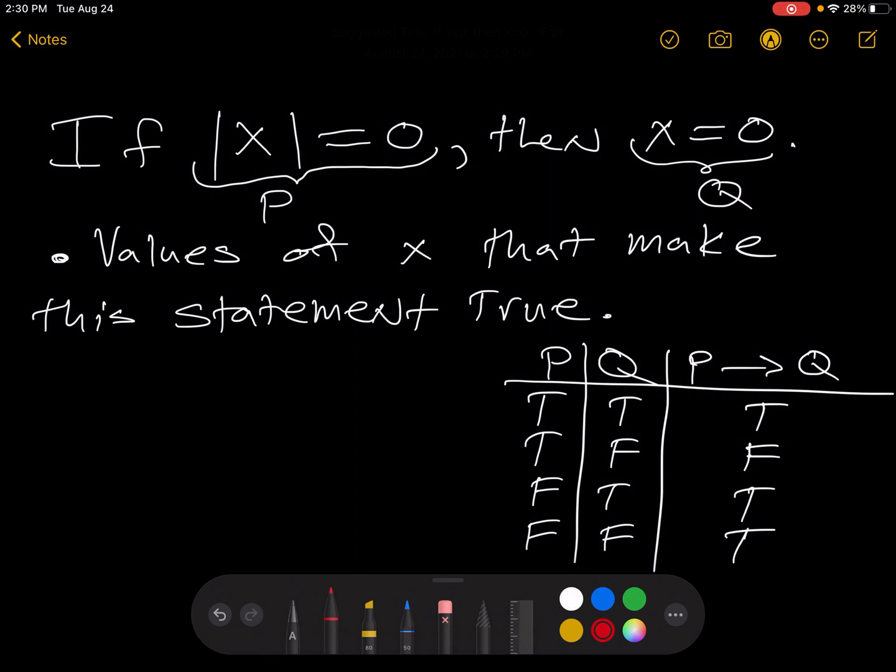So we may as well eliminate the rows that make the statement false. And now we see to make the statement true, we either need both P and Q to be true, or we need just P to be false.